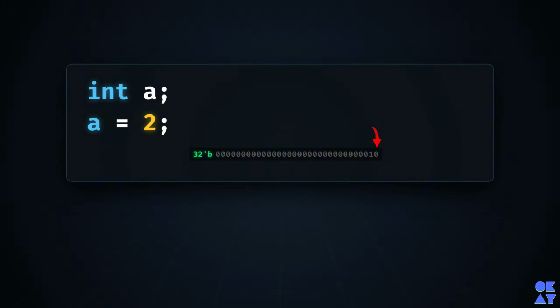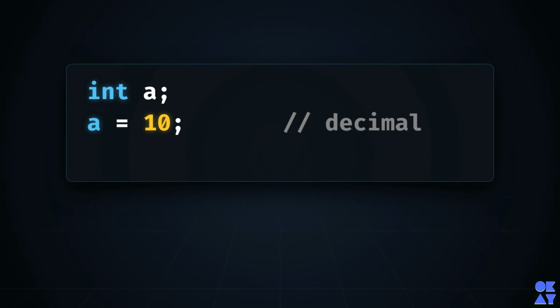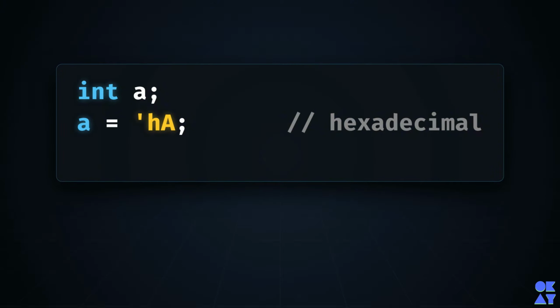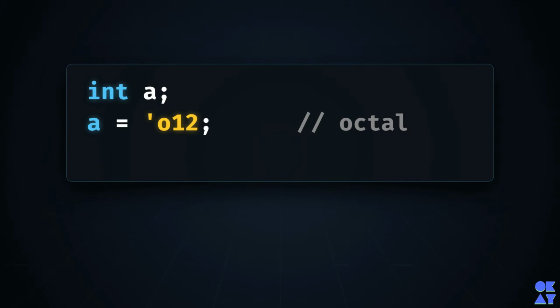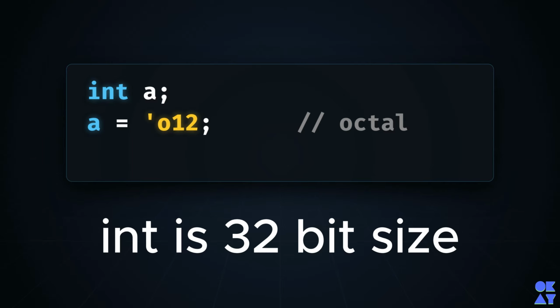You can also assign values in different number systems. Example, int A equals 10 decimal, A equals 'b1010 binary, A equals 'hA hexadecimal, A equals 'o12 octal. All these represent the same value, decimal 10. As long as the value fits within 32 bits, it is valid for int.